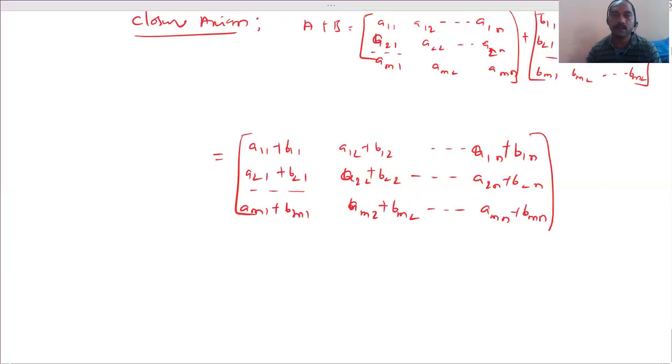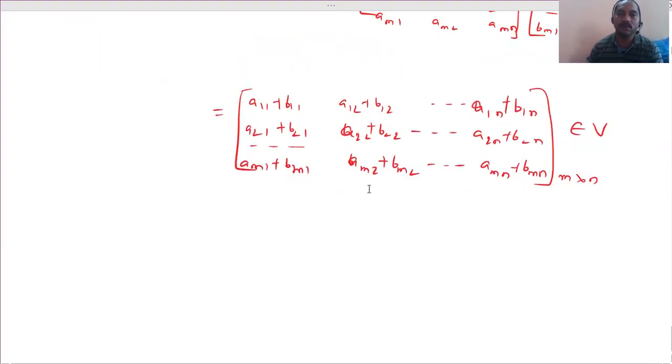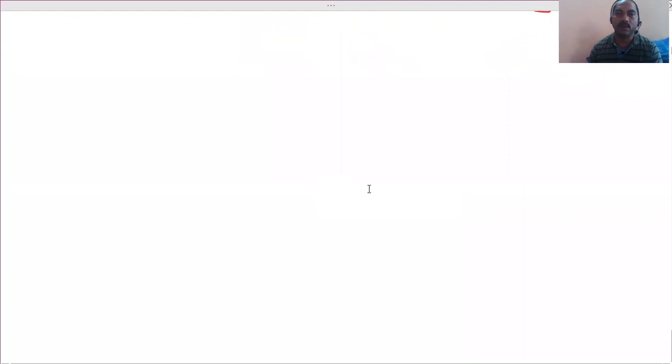So once again observe that the sum of field elements is also a field element. So it is an m by n matrix, each entry belongs to the field, so it belongs to our set V. Closure axiom over. Similarly, associative, identity, inverse: the zero matrix is the identity. Inverse means taking the minus, do it yourself.